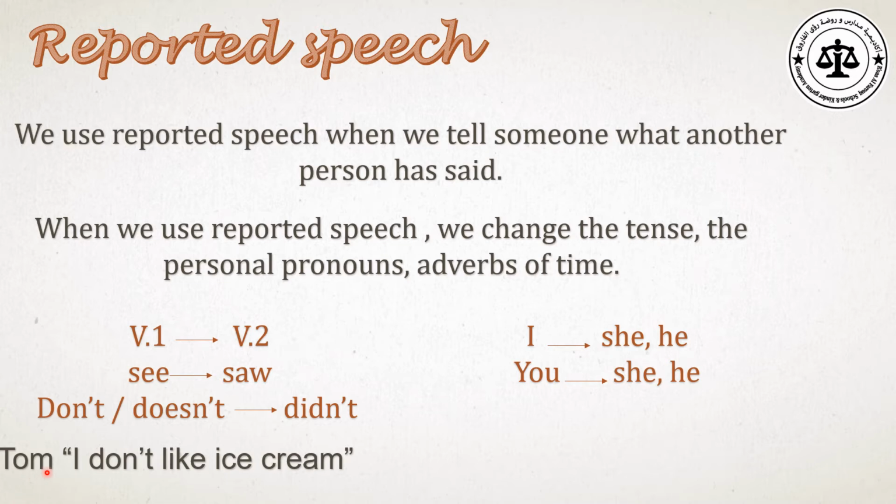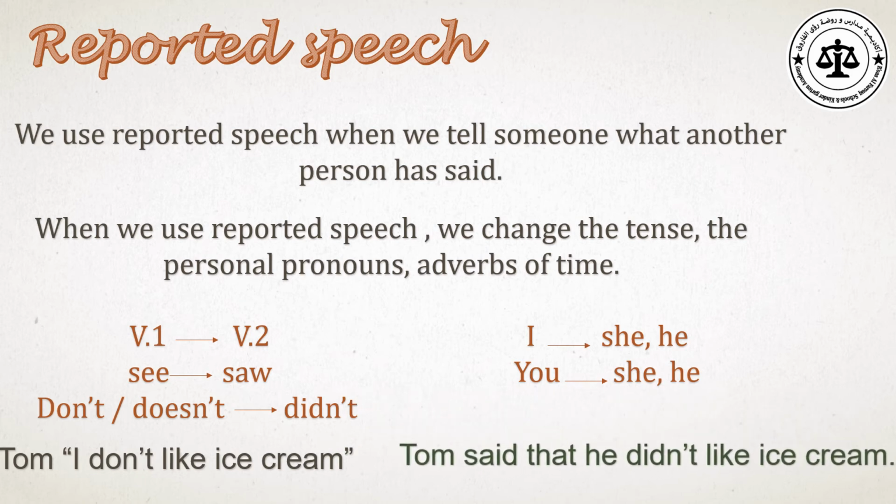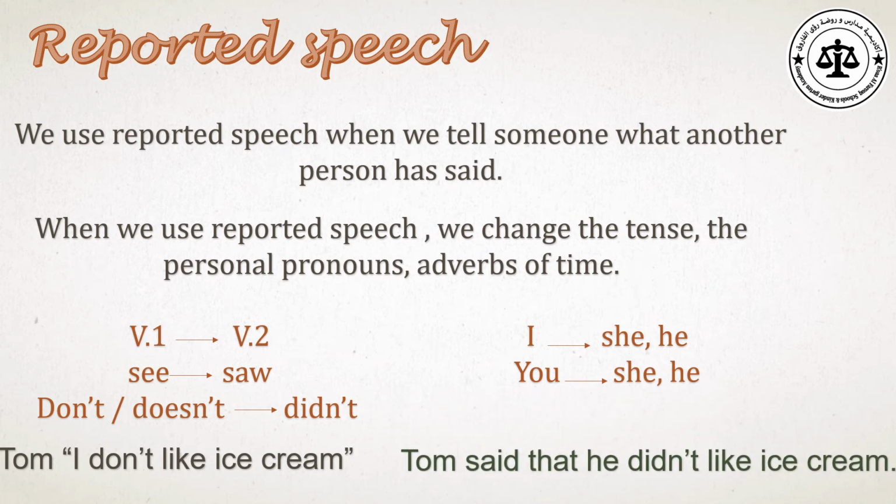So Tom said that he, we have don't here. We changed don't into didn't. Excellent, and with the infinitive verb, اللي هي like. So the reported speech is: Tom said that he didn't like ice cream.